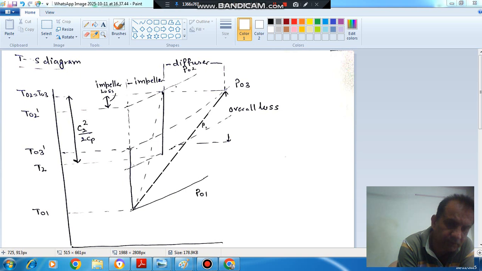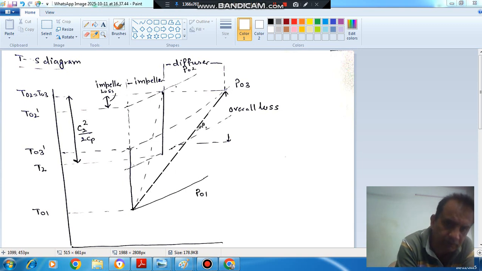This point represents the stagnation intake condition of the centrifugal compressor. So at the intake, the stagnation temperature is T01 and stagnation pressure is P01. This point represents the final condition of the air at the exit of the compressor. So T02 is the final stagnation temperature, and P03 is the final stagnation pressure.